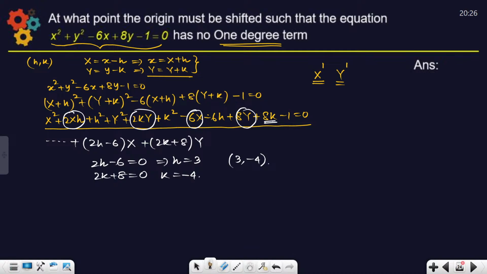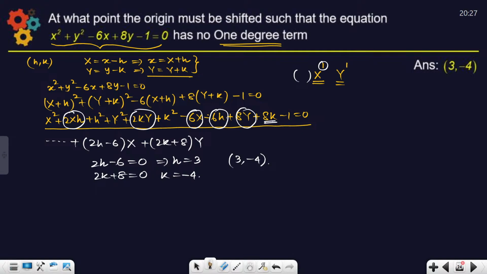That's it. Is it clear to all? So this is how we find it out. Here, one very important thing, again I'm mentioning: 1 degree term means the coefficient of the variable whose power is 1, not the constant.